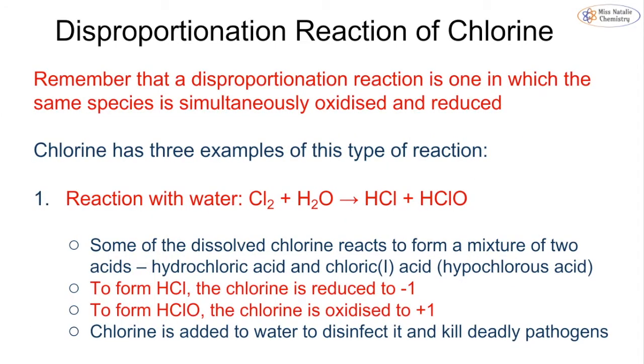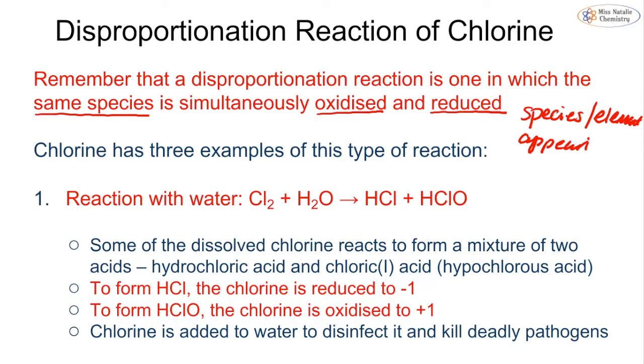Now, chlorine is also a special element in the fact that it can undergo a disproportionation reaction. So a reminder, a disproportionation is when you have the same species being simultaneously oxidized and reduced. So what you should see is a species or an element appearing in two products.